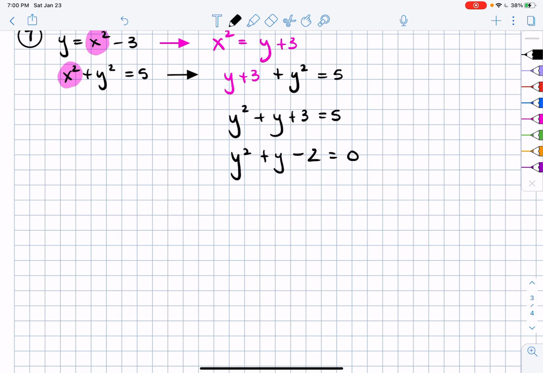So what I'm going to have is y plus 2 and y minus 1.